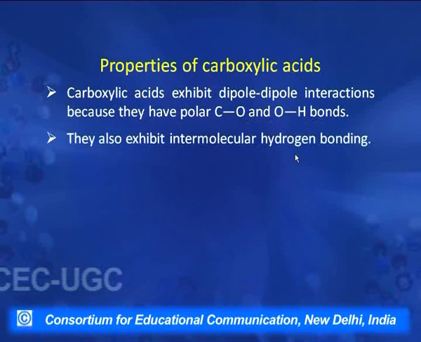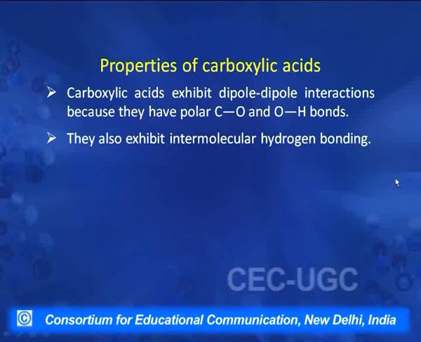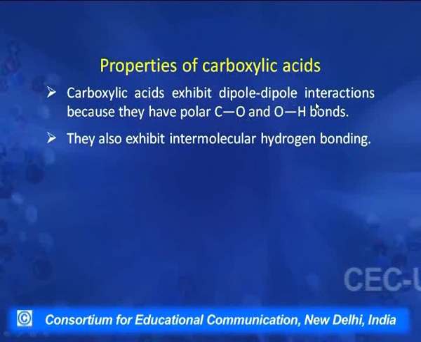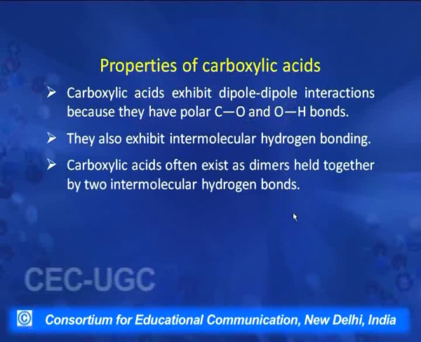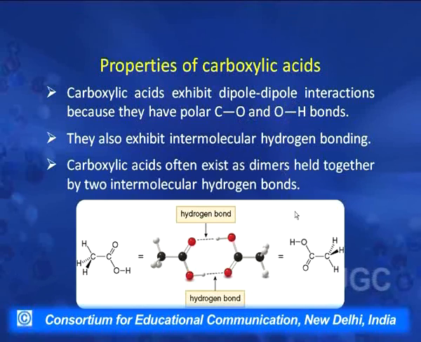They also exhibit intermolecular hydrogen bonding, because OH has one hydrogen which is attached to a highly electronegative oxygen atom. Carboxylic acids generally exist as dimers in solution because of the intermolecular hydrogen bonding, as shown here, where two carboxylic acid molecules are joined by the formation of hydrogen bonds.